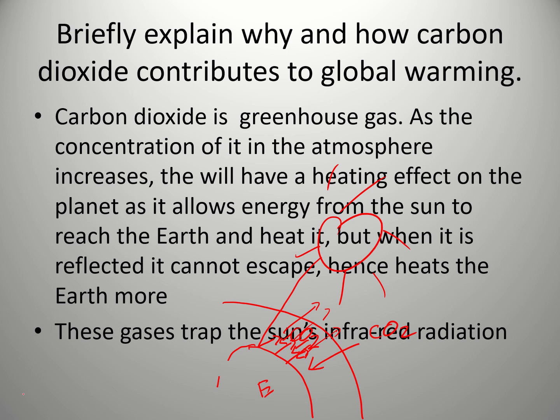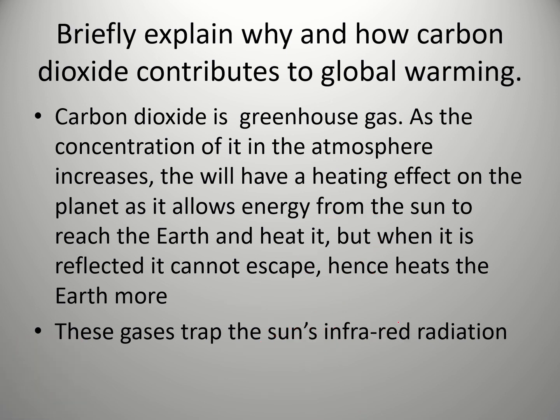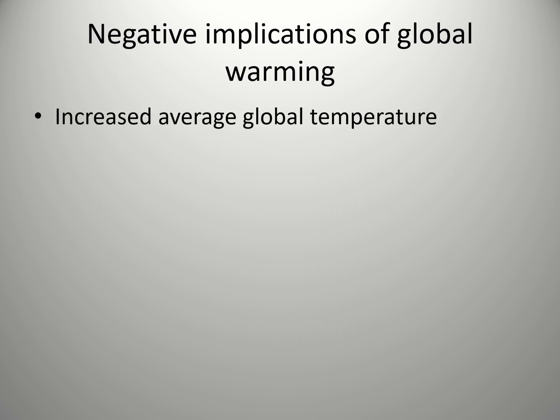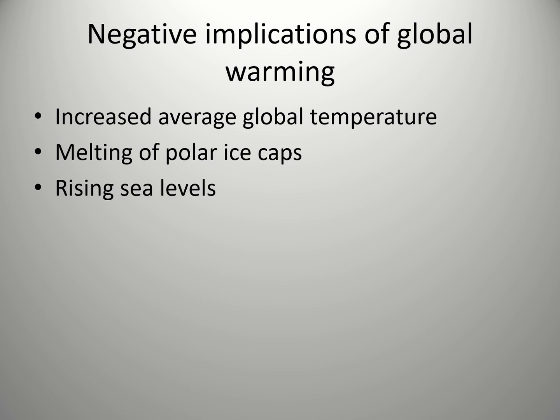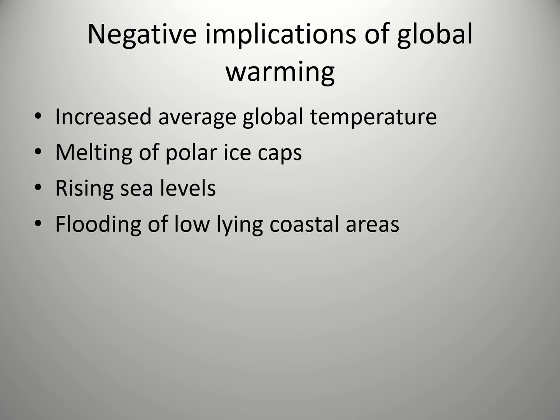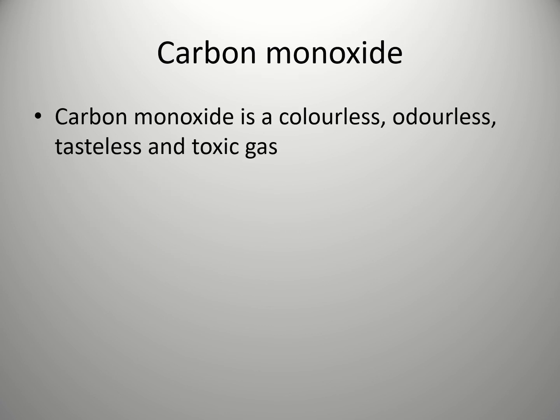Primarily the energy that carbon dioxide traps is infrared radiation, infrared energy. The negative impacts of that will be an increase in global temperature, melting of polar ice caps, rising sea levels, probably flooding of coastal systems, and loss of habitats in those areas.